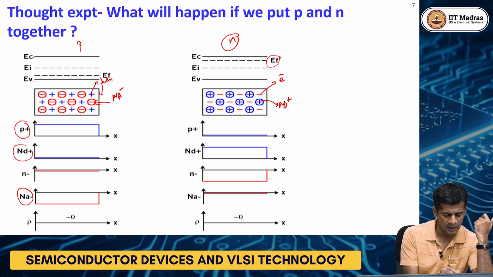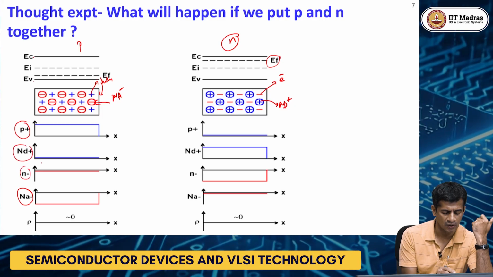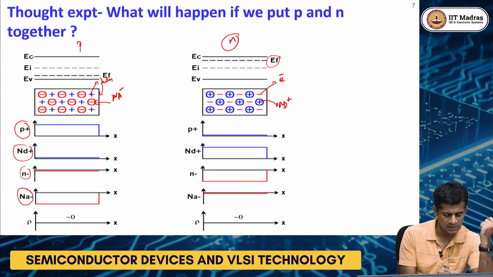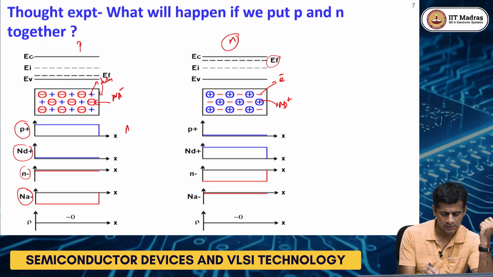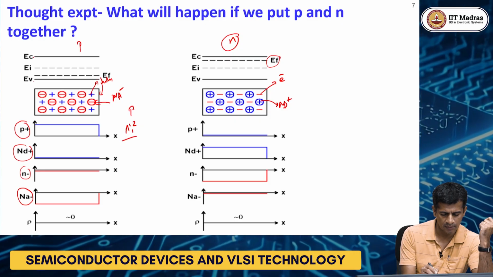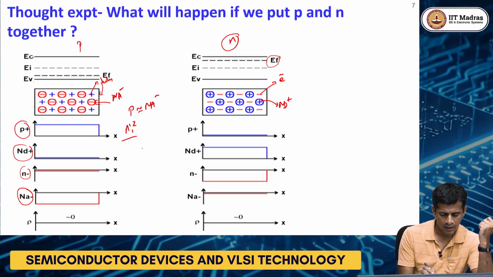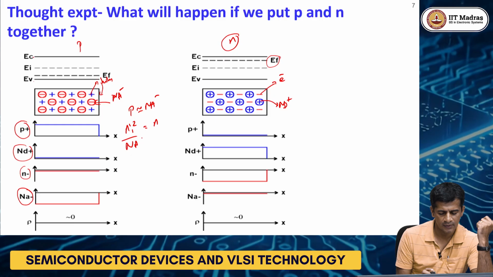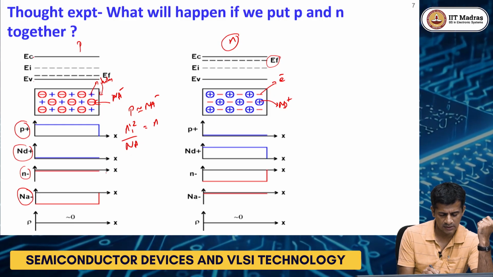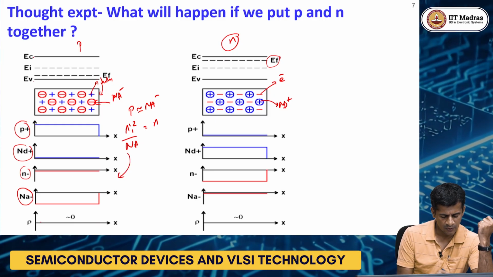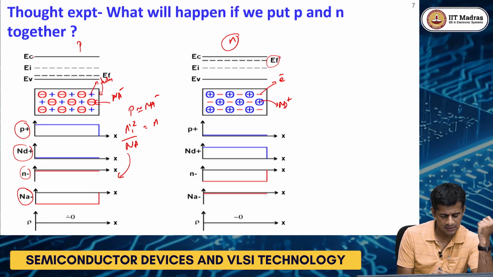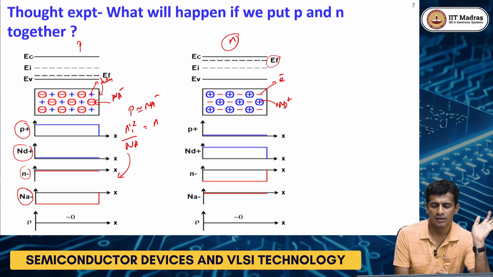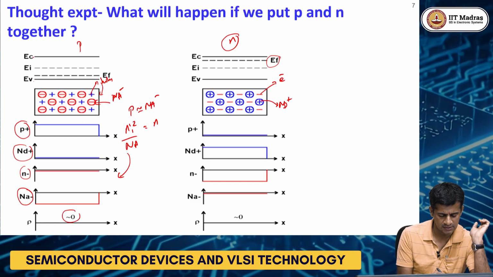The donors and electrons are very small here. Assuming entirely ionized impurities, p is proportional to Na minus, and the electron concentration is equal to ni squared by Na, which is why the electron concentration is very small here. The net charge density is 0 because this region is electrically neutral.